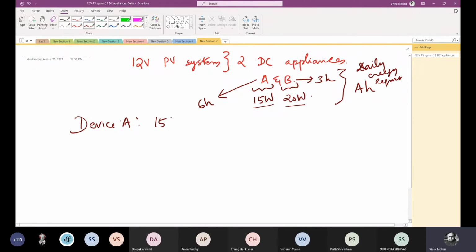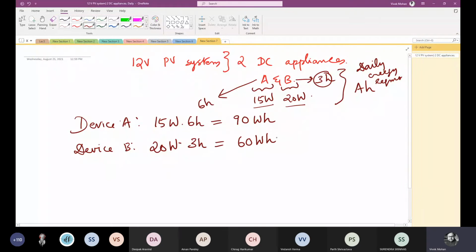So 15 watts is the wattage of device A and it is operational for 6 hours. So I'm converting it to watt hours. So 90 watt hours. Now for device B, 20 watts is the power requirement or wattage. Now 3 hours is the operational time. So 60 watt hours is the energy requirement of device B.